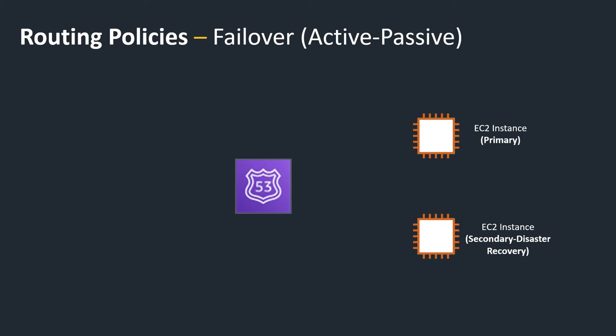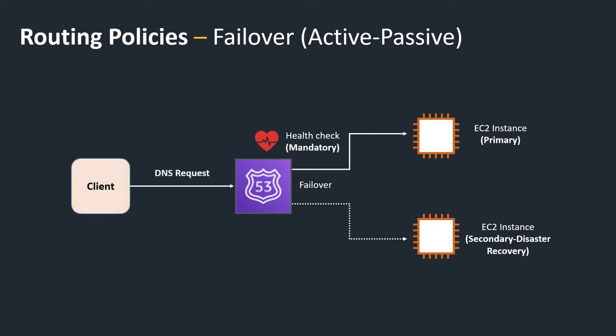In this case, we are going to associate our primary record with a health check, and this is mandatory. And if the health check becomes unhealthy, then Route 53 is going to automatically fail over to the second EC2 instance and start sending that result back instead.